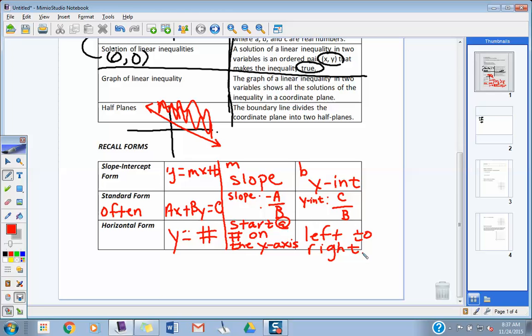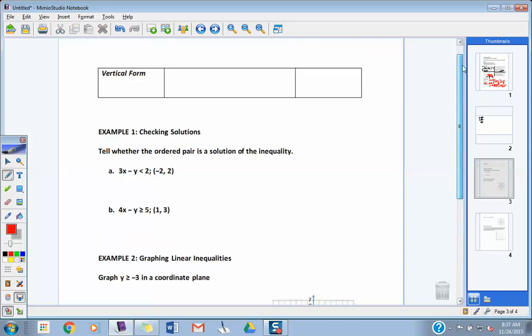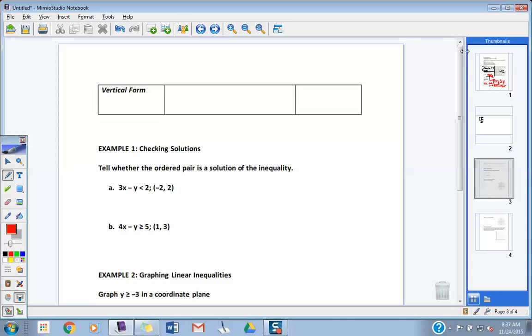All right, anybody need more time with the first page? Everybody have what you need right there? All good? All right, last one that we want to recall, then we'll start looking at examples. Vertical form. If horizontal form was y equals some number, what's your expectation for vertical form then? X equals some number, all right? And we've done this before.